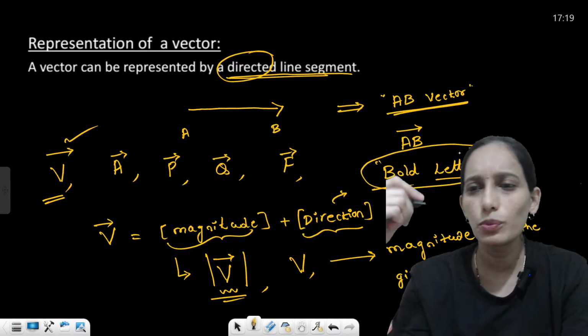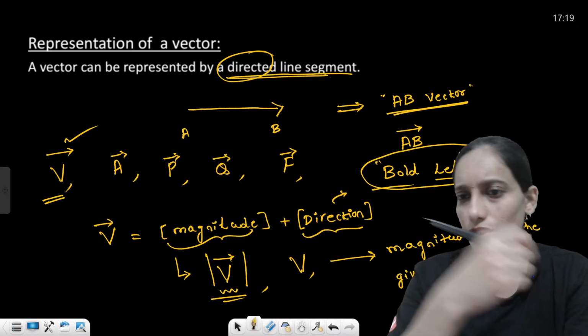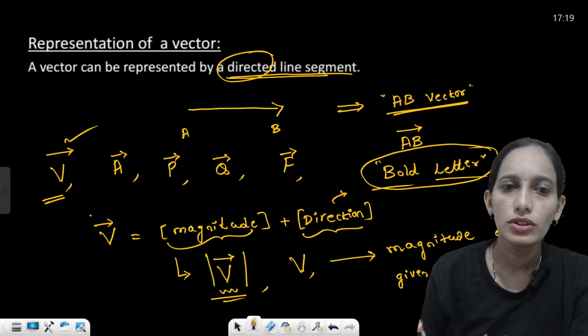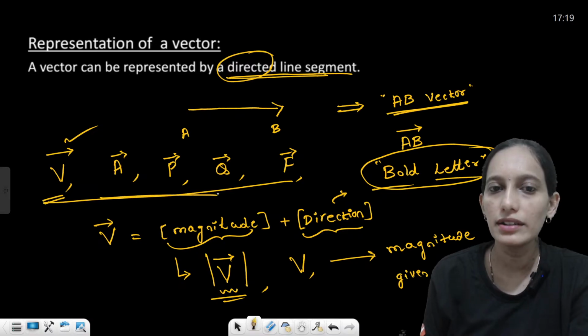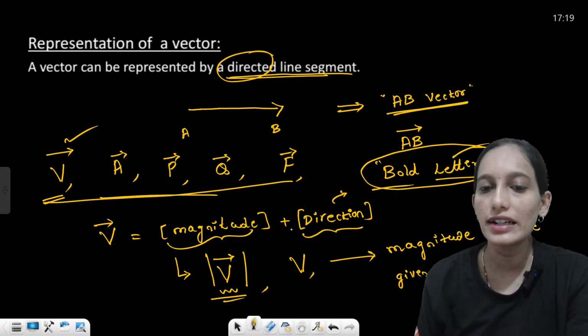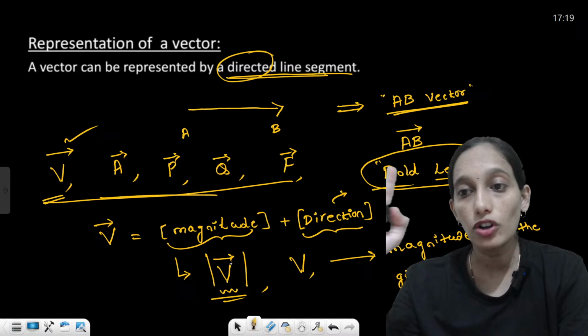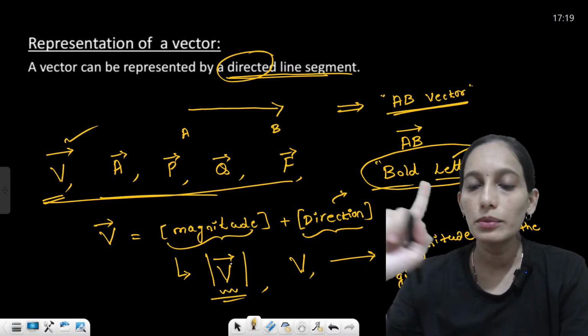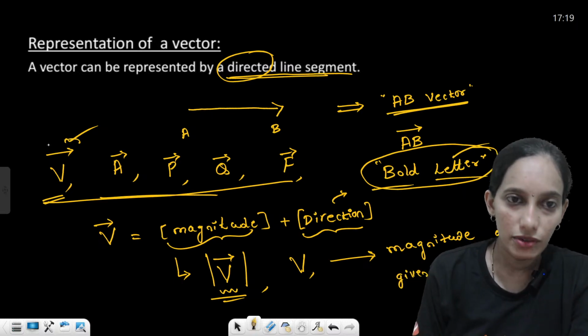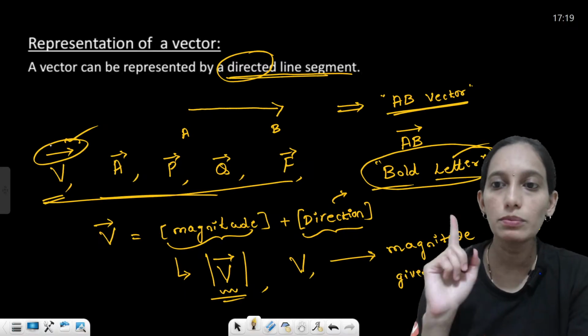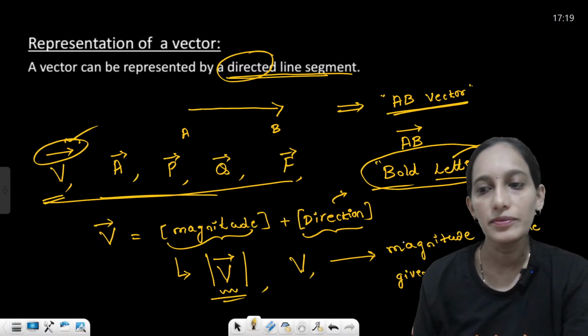While writing, to bold it separately, to scribble it, it is not so convenient. So what we do, we use this method. So in the book, if there is a bold letter, please understand they are talking about the vector, not about any scalar. Even though there may not be the arrow, just a bold letter also means it's a vector.